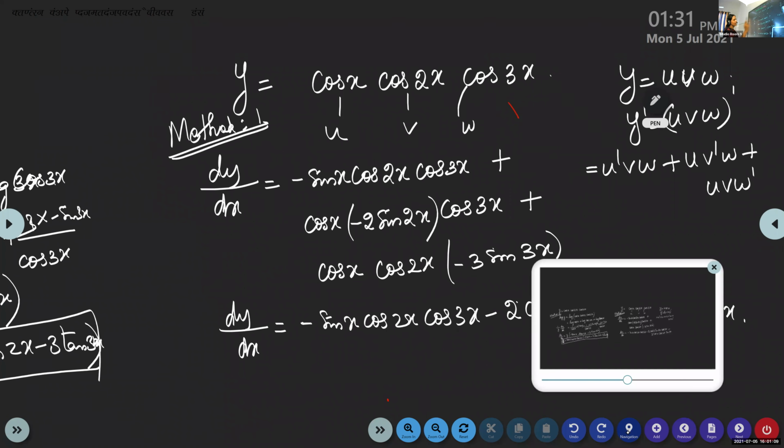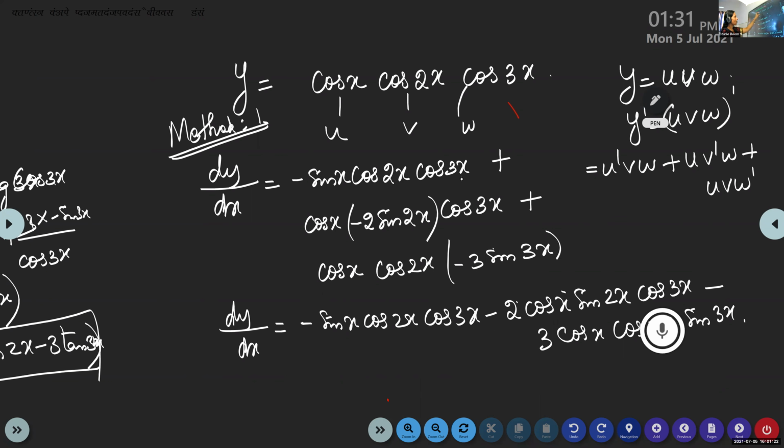Here we are using product rule, the UVW rule. In product rule, what we will do? We'll differentiate the first function, keep the other two functions as such. Cos x derivative is minus sin x. We keep the other two functions as such. Plus, first and last function, we are keeping it as such. Derivative of the middle one, u v dash w. So middle one, cos 2x, when we differentiate, minus sin 2x into 2.